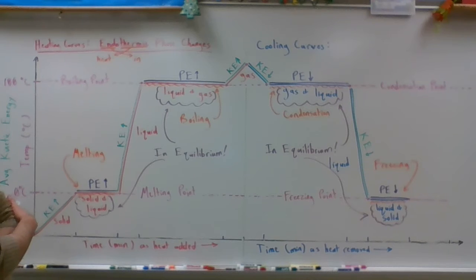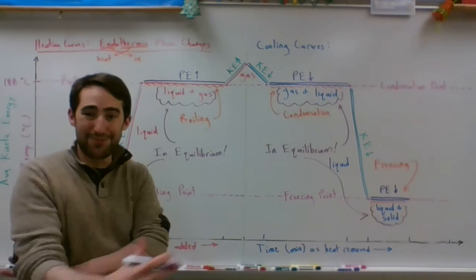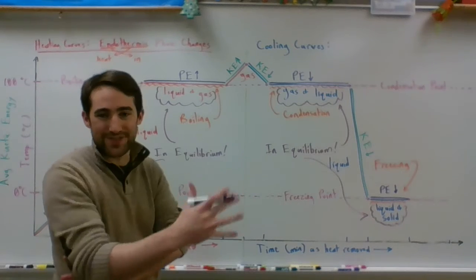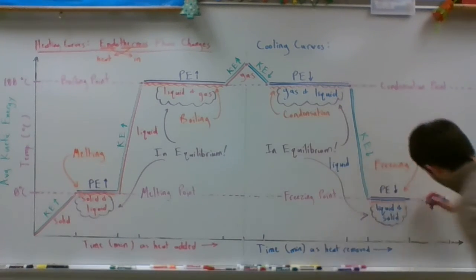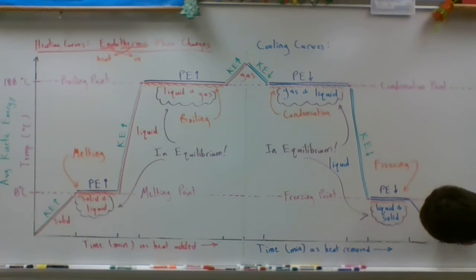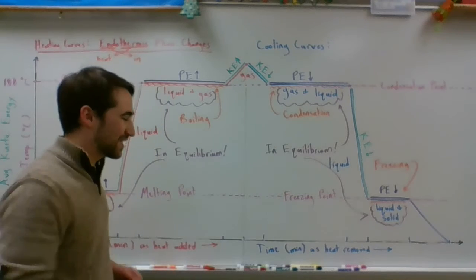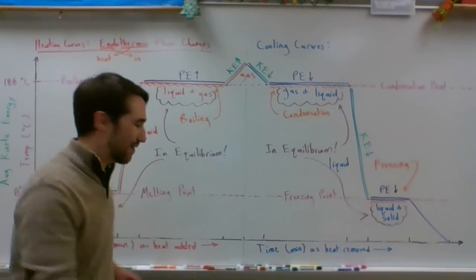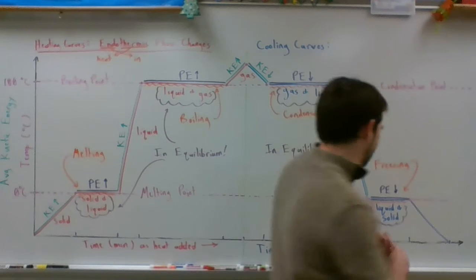Okay. Now finally, I can continue to drop the temperature of my newly formed solid once all of that liquid has frozen into a solid. And of course, if my temperature is dropping at the particle level, that means my particles are moving slower and slower and slower, which means kinetic energy is decreasing.